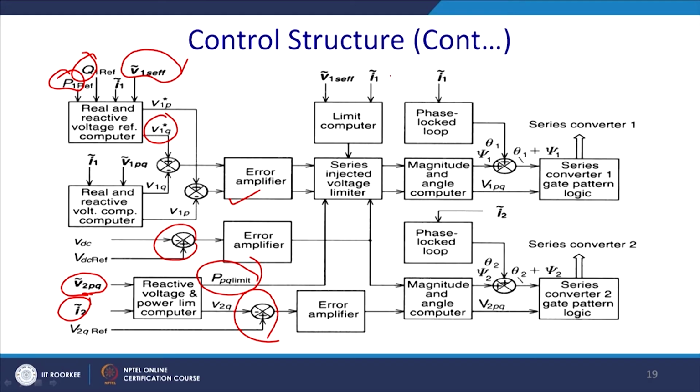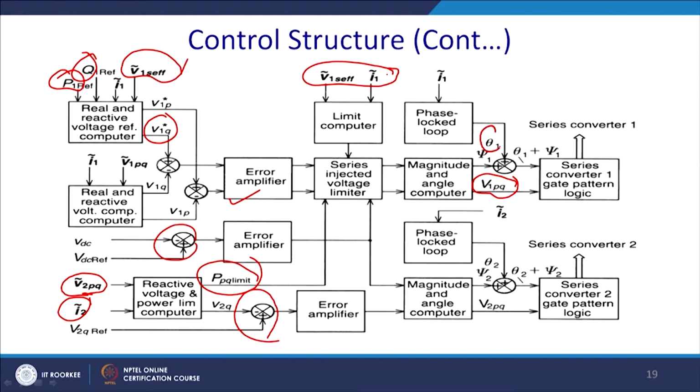Essentially the limit will be set by Vs1 and Is1, and thus it will generate the amount of the injections of the voltage required. This will be the magnitude and the angle computing computer, and this will compute the amount of the V1PQ required, and will sense I1.